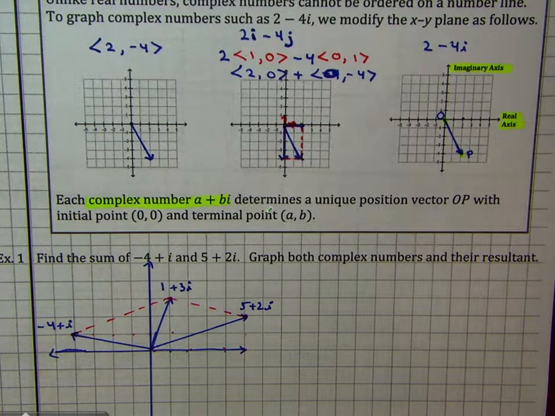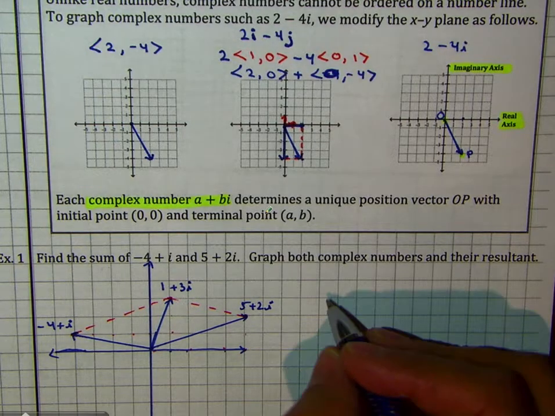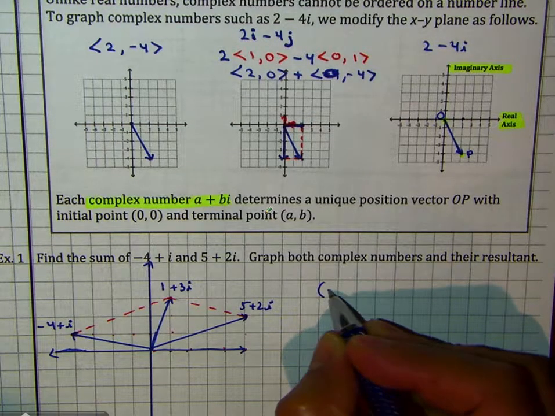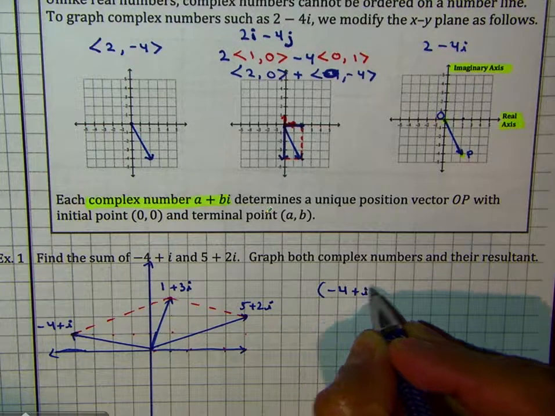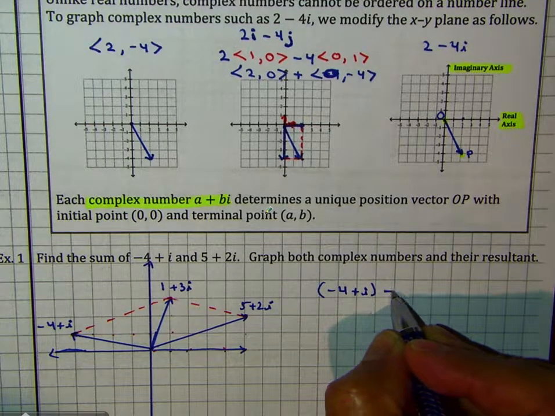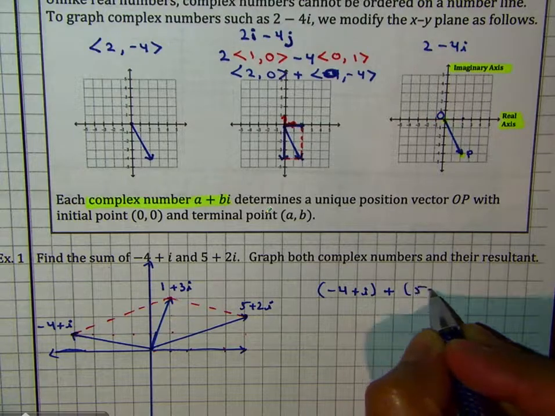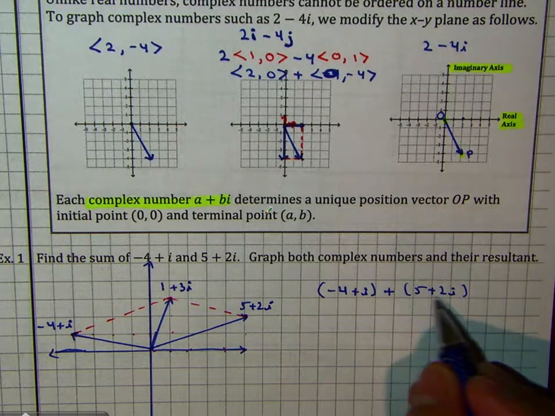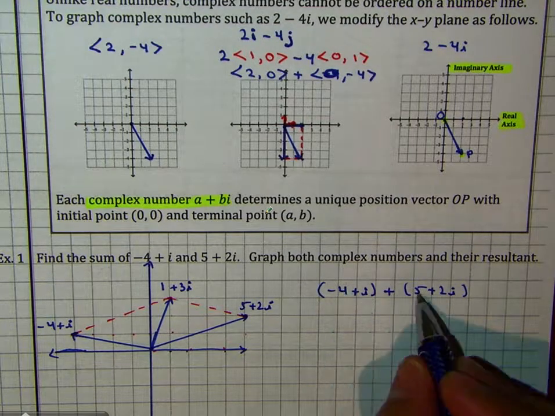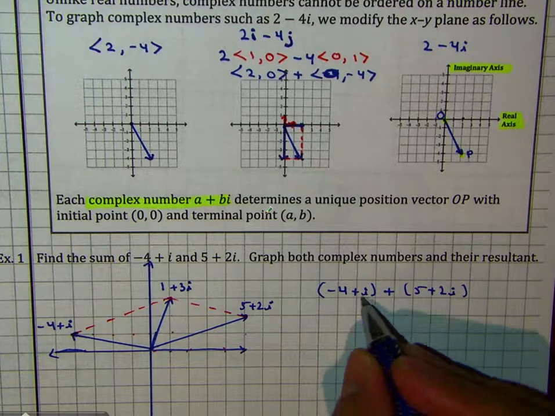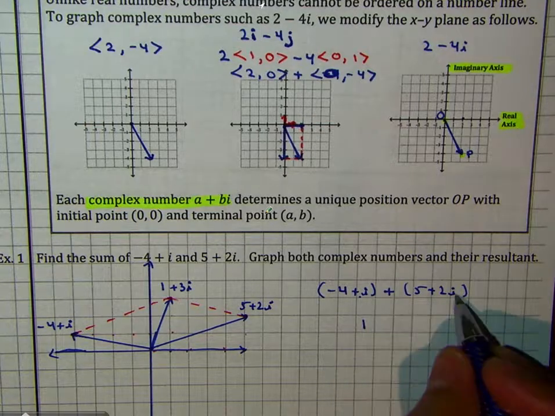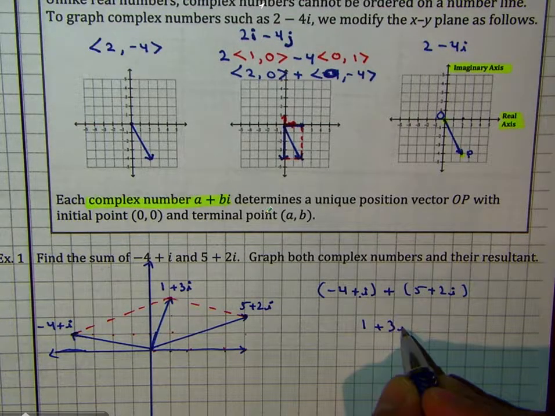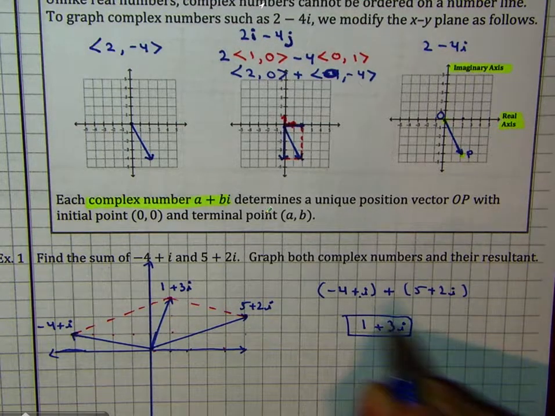Or we could have done it algebraically. So you also want to do it algebraically: negative 4 plus i plus the sum, 5 plus 2i. In the last sections, we covered that we can add the real parts, so negative 4 plus 5 gives me 1. We can add the imaginary parts, 1 plus 2 gives me plus 3i. And that should match.